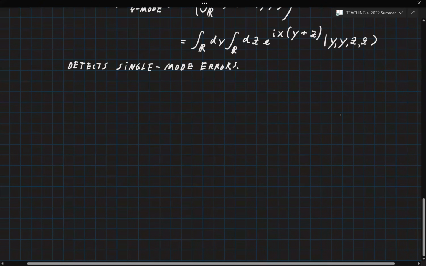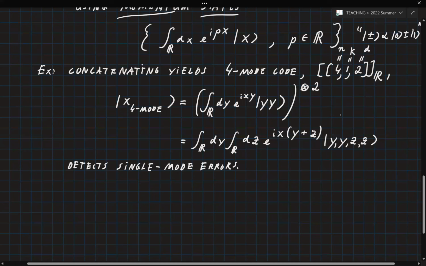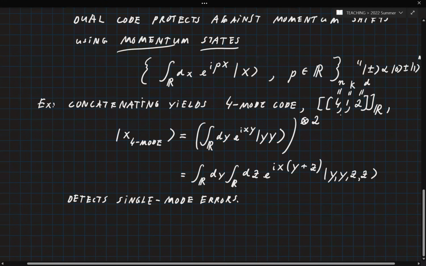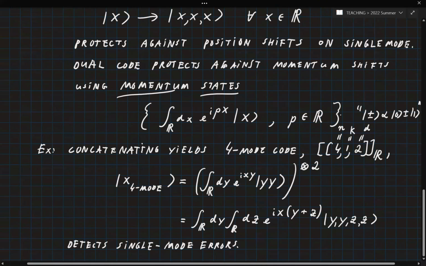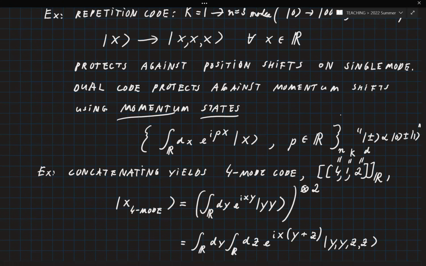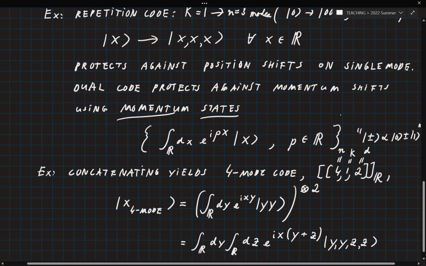The question for the phase flip repetition code: we have 0 going to plus plus plus and 1 going to minus minus minus. What would it be for the continuous case? In the continuous case, you would have, let me do this in a different color because I'm not going to use the momentum state basis.